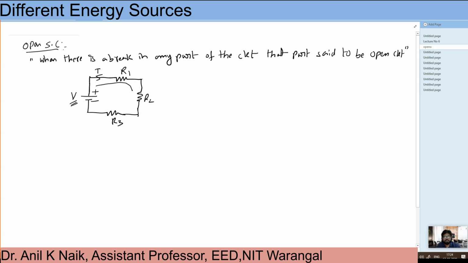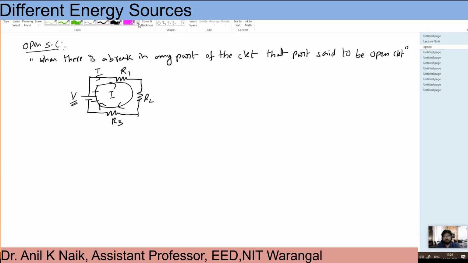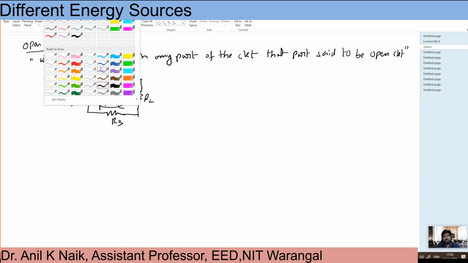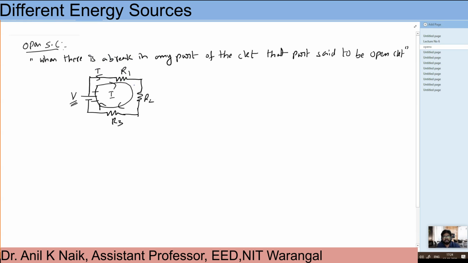So this is a closed circuit, and the current circulating in this closed circuit is I. Suppose, due to any incident or condition, the resistance R2 connected across the AB terminal is opened, is removed.